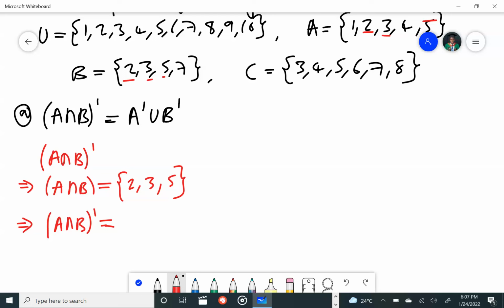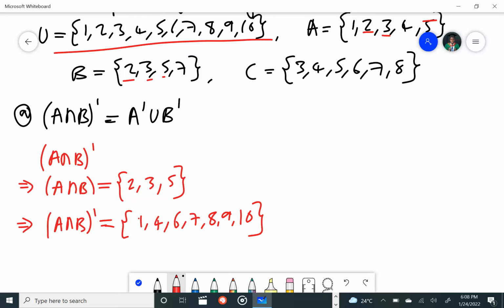Remember our universal set is that one there. So we're going to write 1, then skip 2, 3, then write 4, skip 5, then write 6, and then continue with 8, 9 and 10.